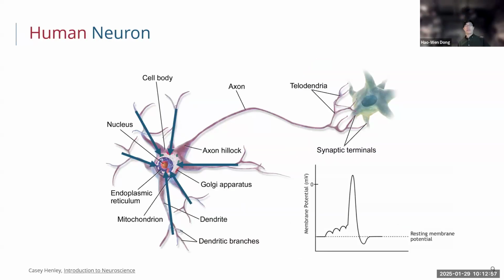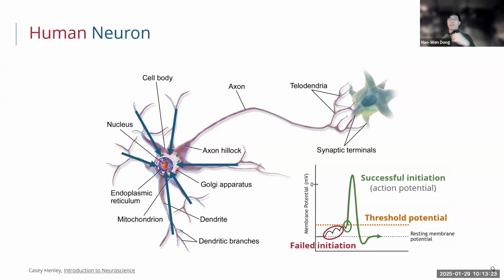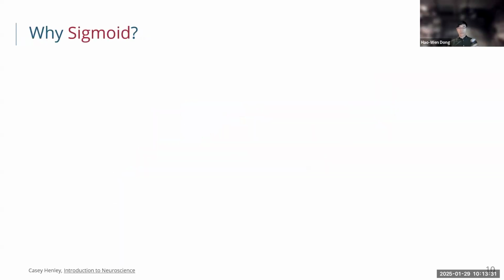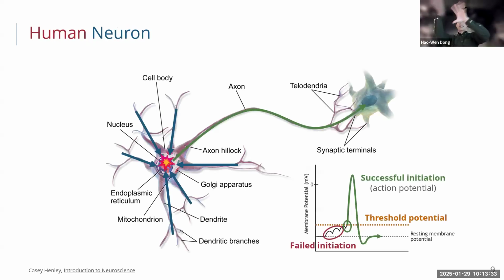So for human neurons, if you get a bunch of different signals, and once they reach a certain threshold potential, it will send a signal out. If there's not enough incoming electrical signal, then there will be no initiation. Once we have enough electrical signal coming in, we will send something out to the connected neuron.